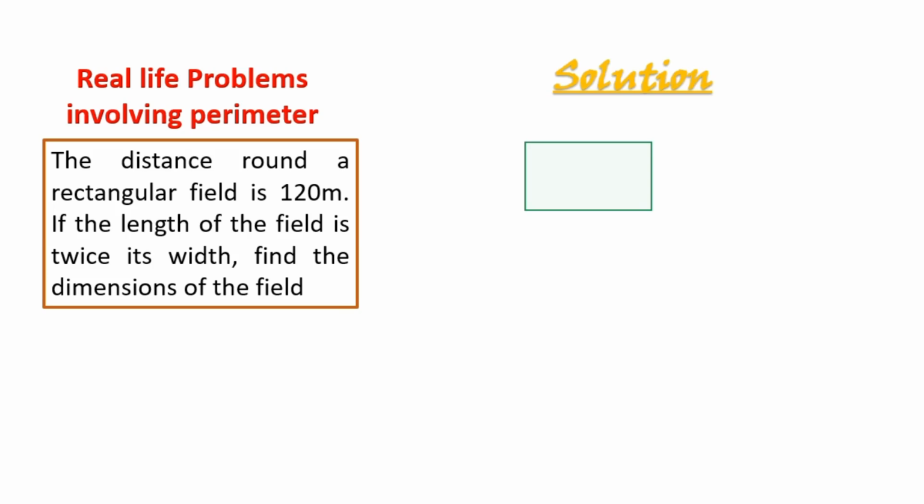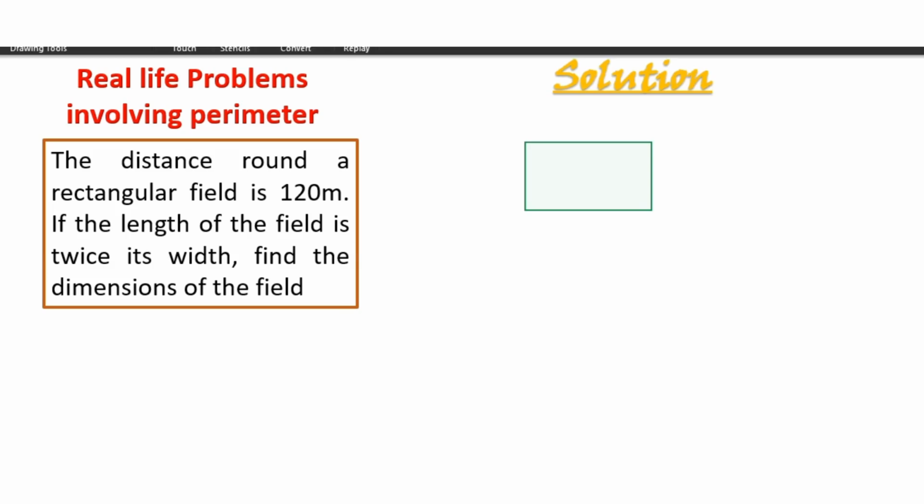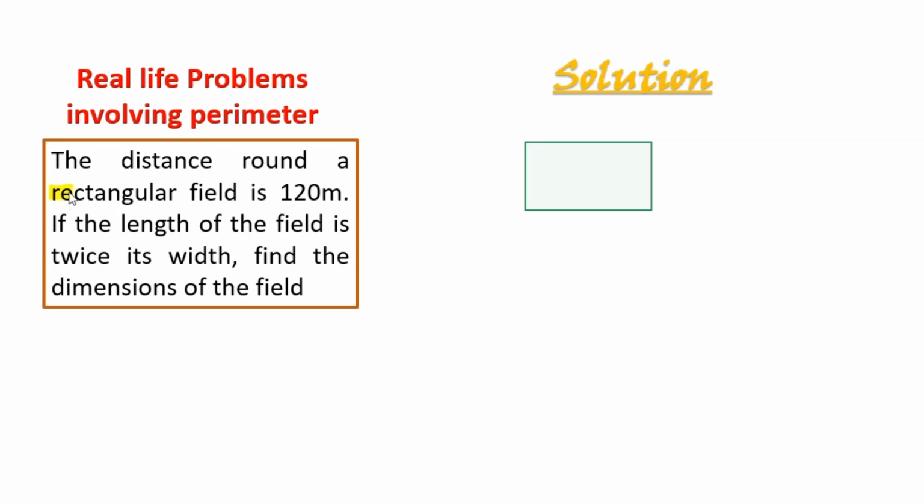So let's take note of some important information that has been given in this problem. It said the distance around a rectangular field is 120 meters. So let's take note of the rectangular field and then the 120 meters. So what does this mean?